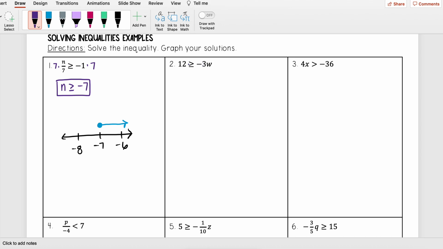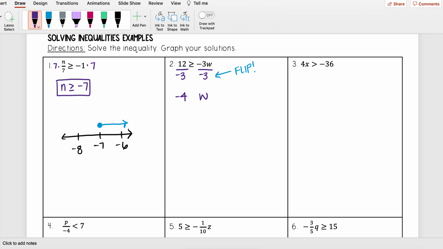So this one, I have 12 is greater than or equal to -3w. So to get that w by itself, I need to divide both sides by -3. 12 divided by -3, I get -4w. And now this time, since I am dividing by a negative number, I have to flip the sign.